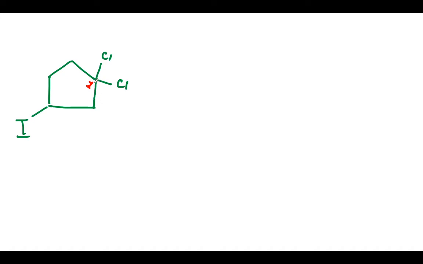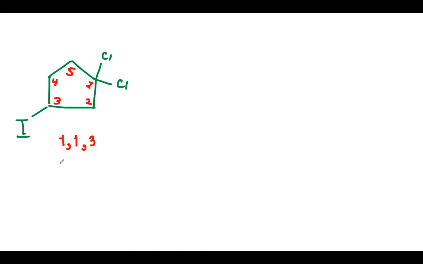Now my 2 options are either to go clockwise or counterclockwise. So if I go clockwise, I can do 2, 3, 4, 5. If I go counterclockwise, my iodine would be on carbon number 4, and I don't like that because right now it is 1, 1, 3. Those are the carbons that have side groups on it.